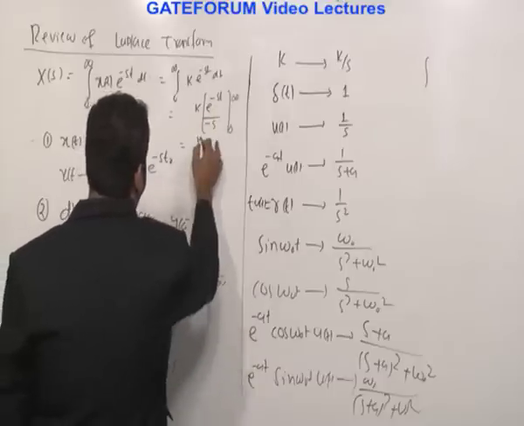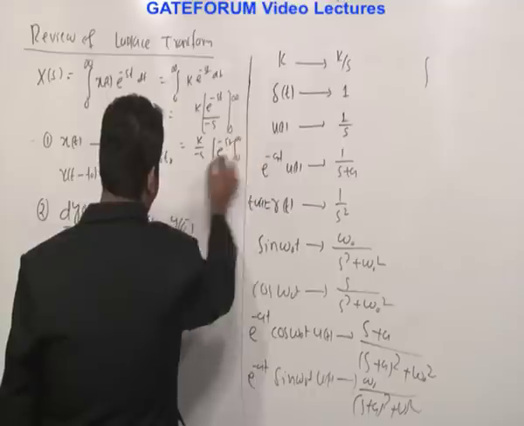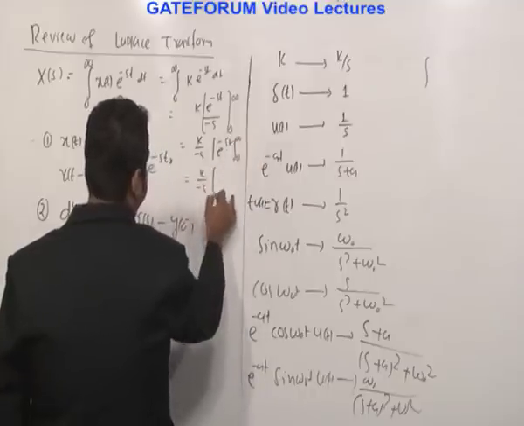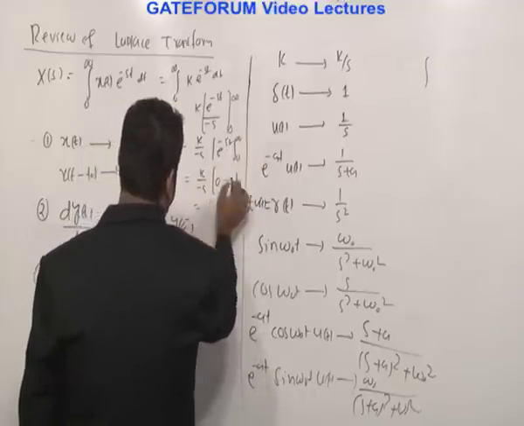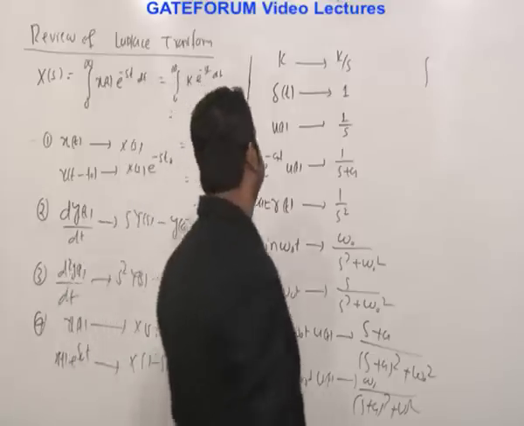When you substitute infinity, that becomes 0. So it is k by minus s, and this is 0 minus 1. That minus 1, the minus cancels, and that becomes k by s.